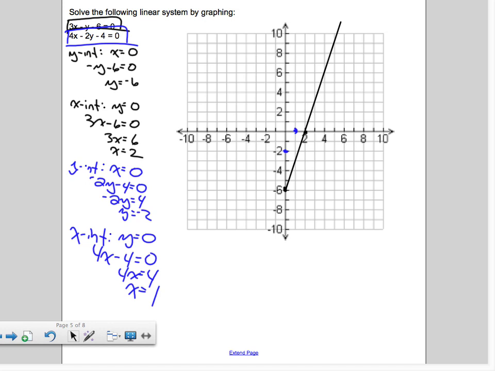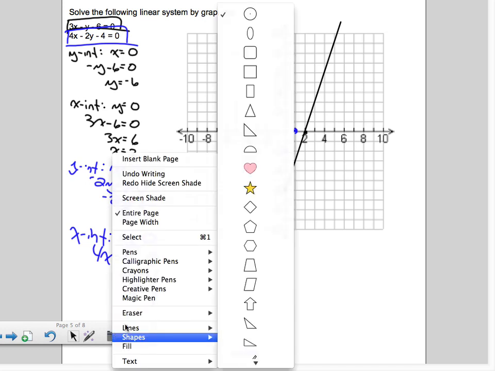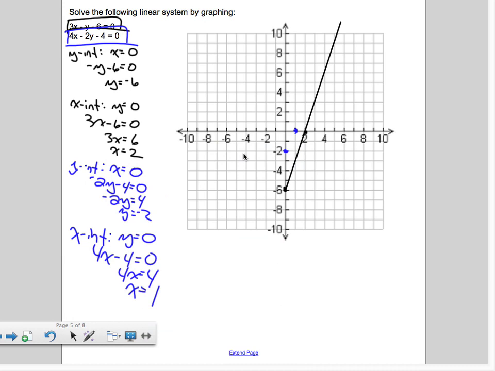Draw my lines. Wait, I thought we were trying to find points. Yeah, it's on the graph. No, I got it wrong.